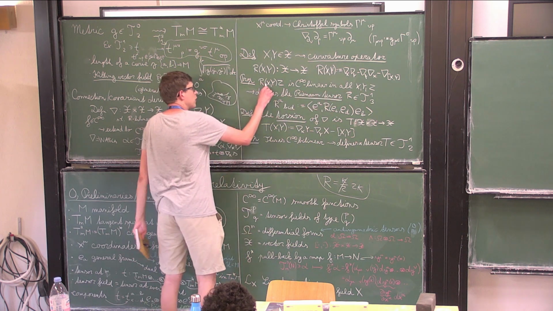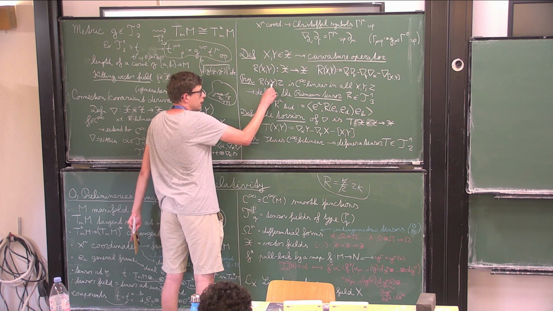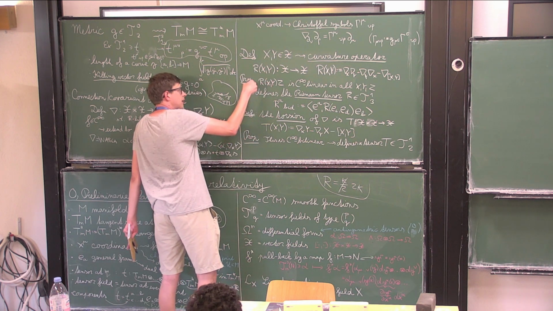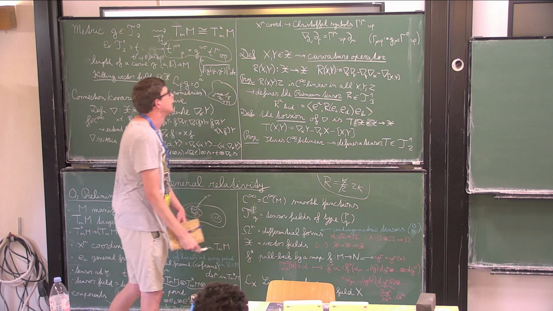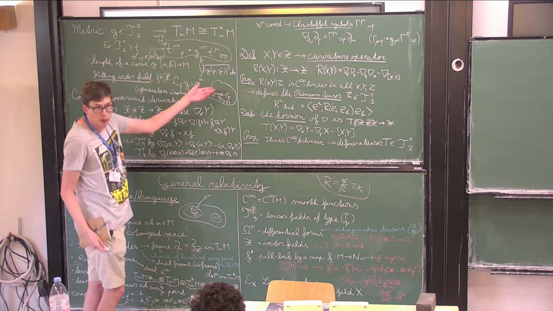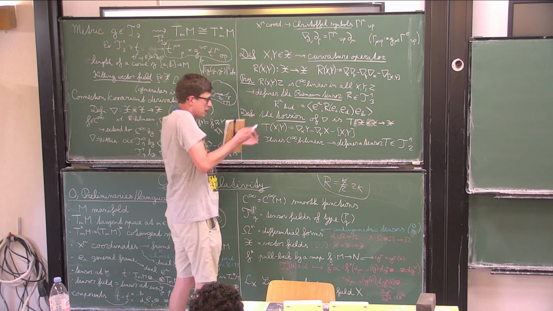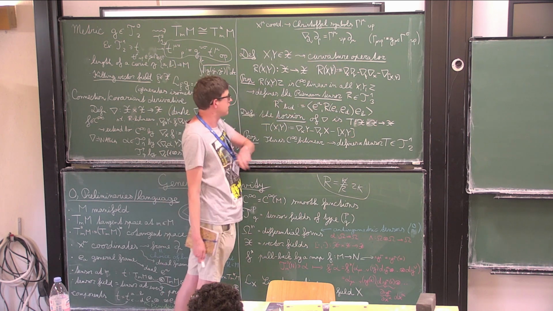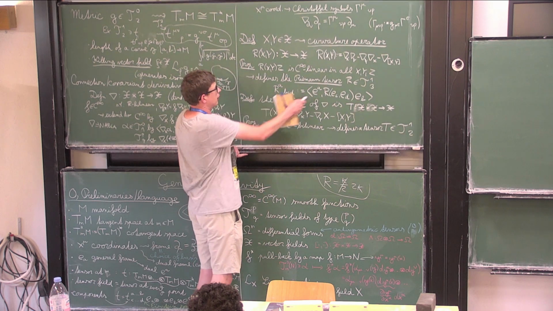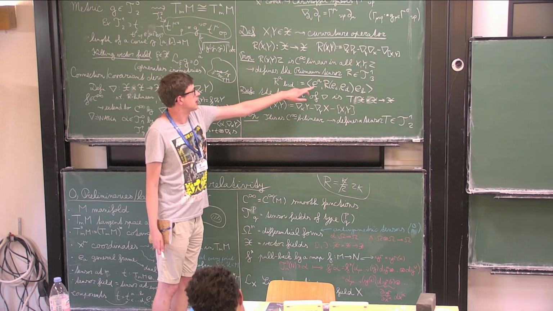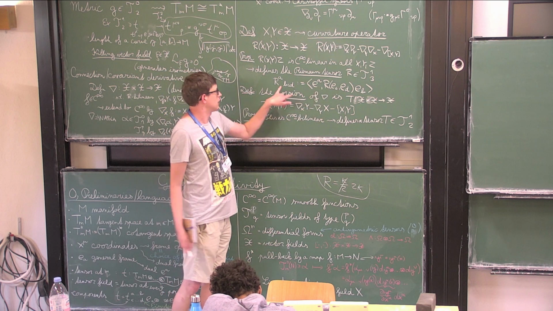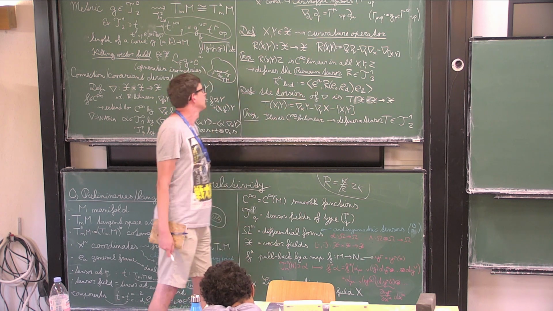If you put a function f multiplying the vector field y, you can take it out; there are no derivatives on it. This just means that this is a pointwise defined object, hence a tensor field. This is called the Riemann tensor. By convention, I will call its components like this, because here again it matters how you order the indices.